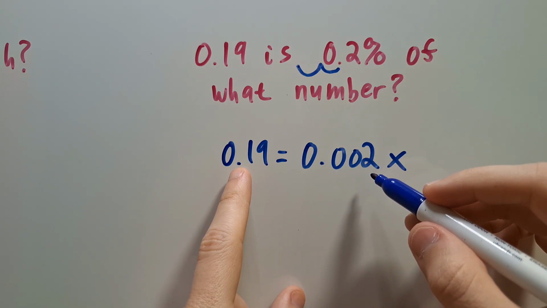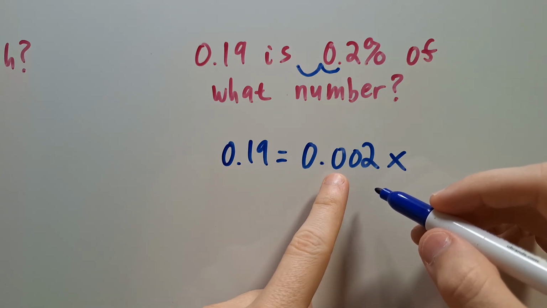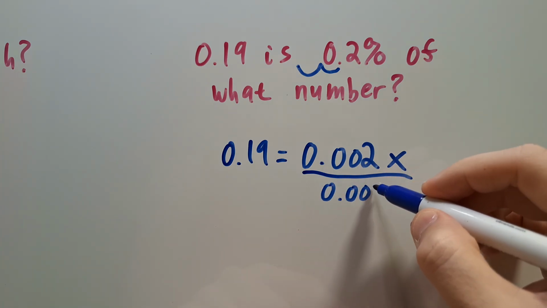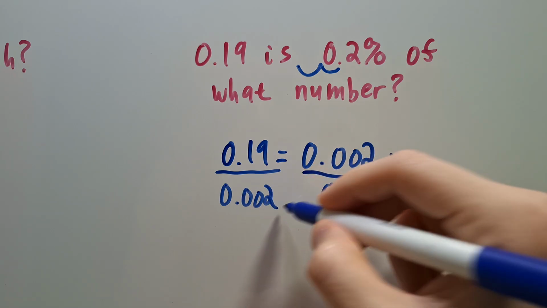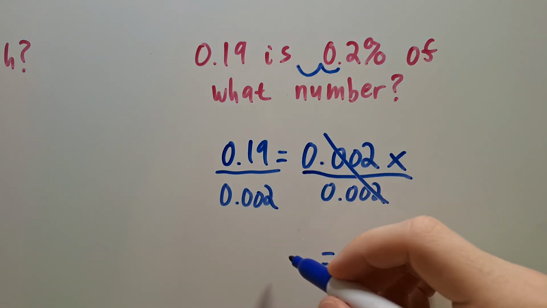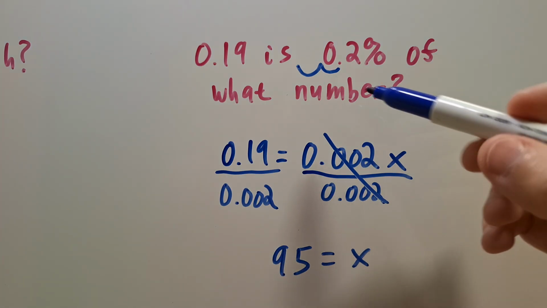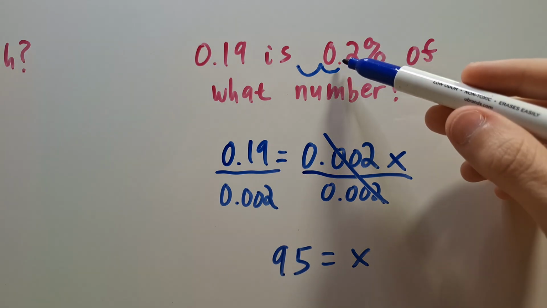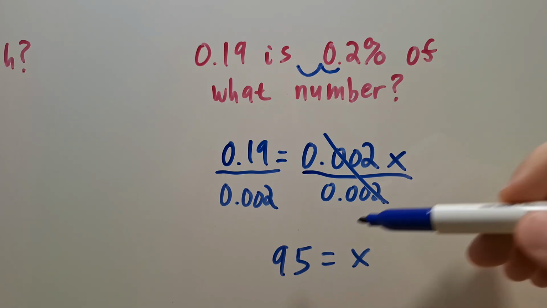Because we're taking this number and dividing it by a smaller number, we're going to expect a large number result. That answer is 95. So 19 hundredths is 0.2% of the number 95.